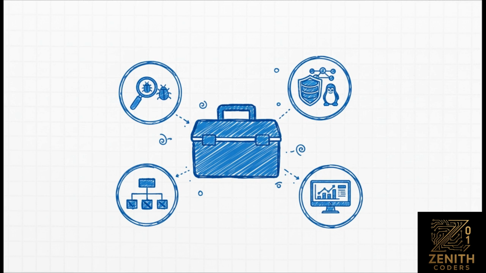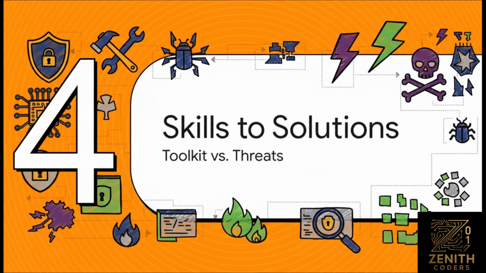They need to really get the fundamentals of things like Linux and SQL, and they have to know how to use professional tools like SIEMs, which, by the way, stands for Security Information and Event Management. These tools help them keep an eye on everything happening on a network. It's all about knowing how to spot a threat, and just as important, what to do when something bad actually happens.